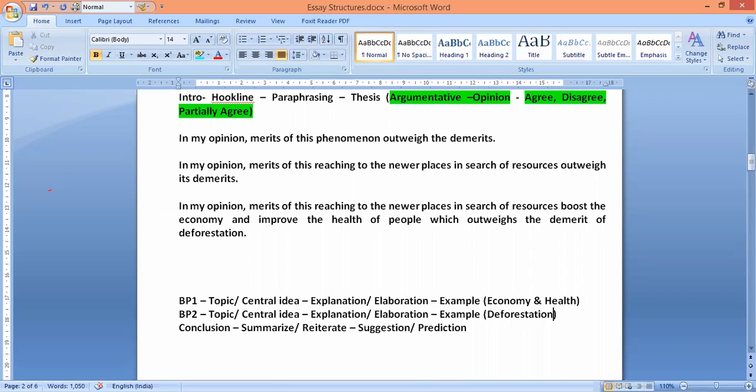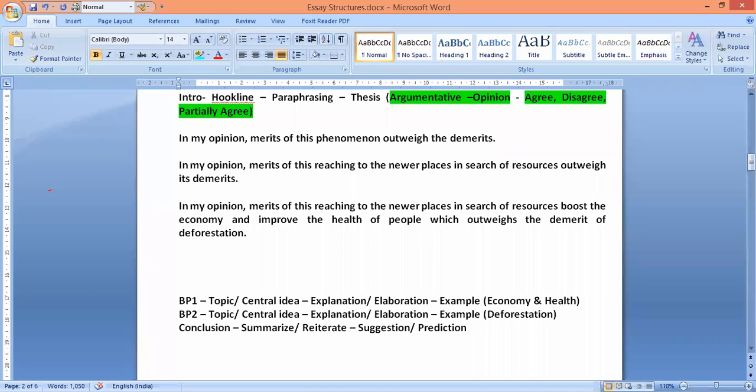It's a simple structure. Whenever this question comes, just think which side you want to go with, advantages outweigh disadvantages or disadvantages outweigh advantages, and write your favorite in BP1 and the other one in BP2.